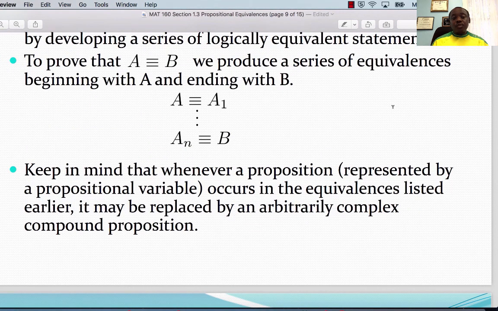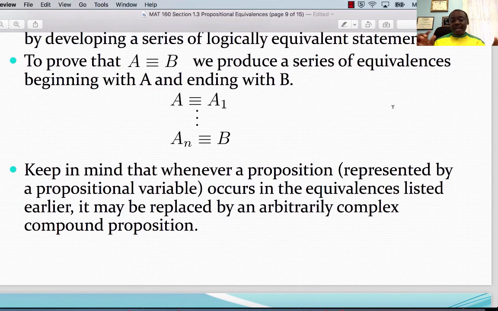Okay, now as we proceed, I want you to keep in mind that whenever a proposition represented by a propositional variable, for example, P implies Q, occurs in the equivalences that we've listed above, all those many key logical equivalences, each of those propositional variables can be replaced by an arbitrarily complex compound proposition.